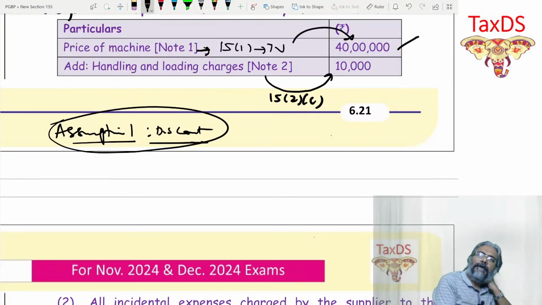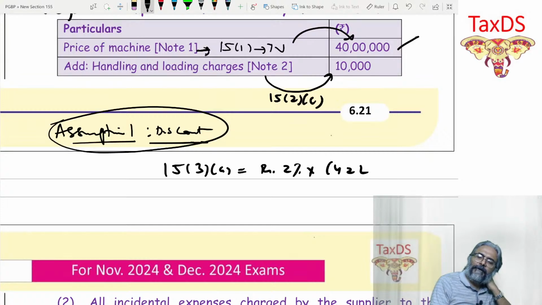Therefore, the discount to be reduced under section 15(3)(a) is rupees 2% of 42 minus 2 lakhs.